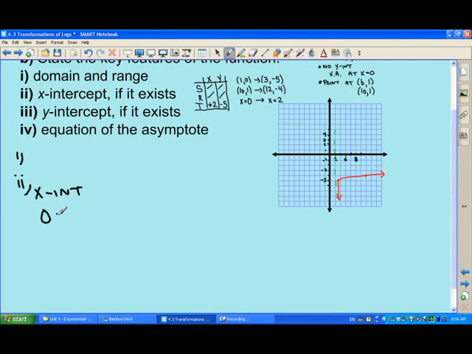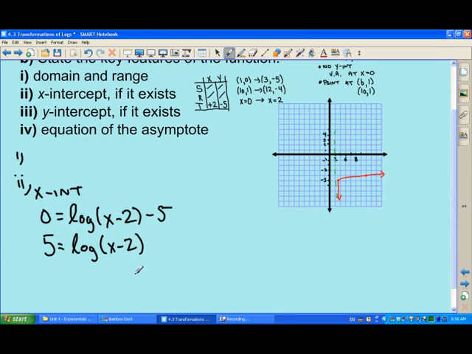My equation is 0 equals the logarithm of x minus 2, minus 5. I can rearrange this algebraically. So 5 equals the logarithm of x minus 2.